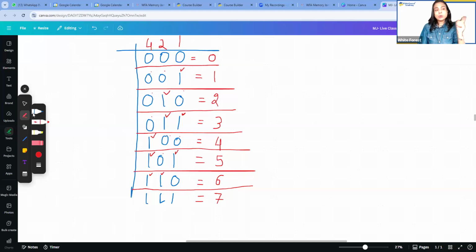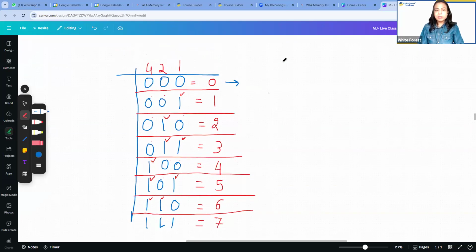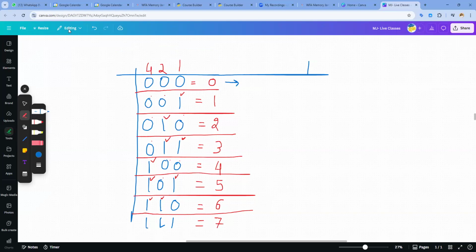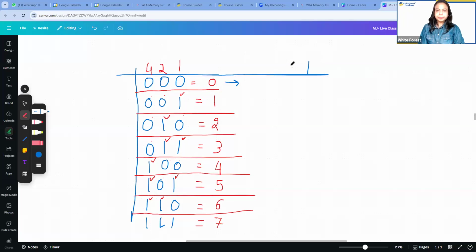Now let us see how to convert this back into decimal numbers. While you are converting this back, always remember the positioning of the digits. The positions are 1, 2, and 4.